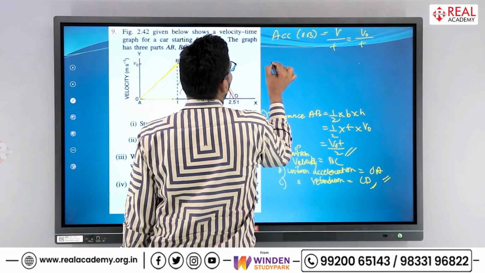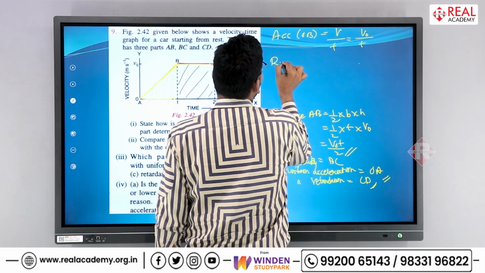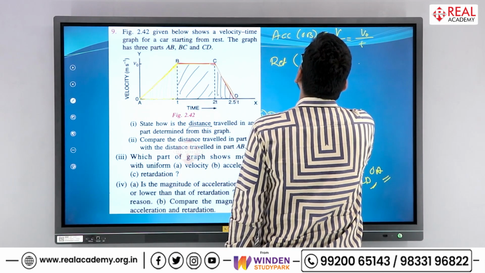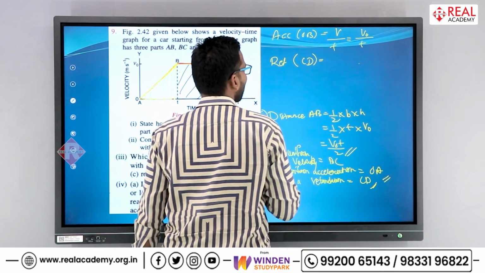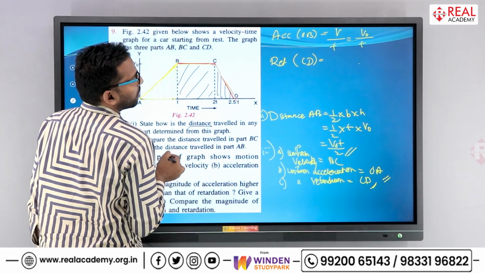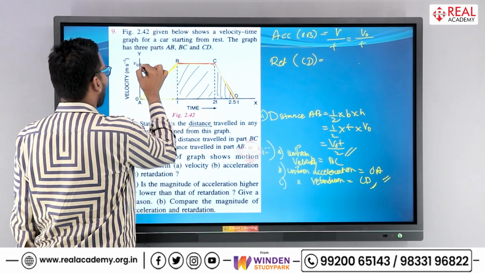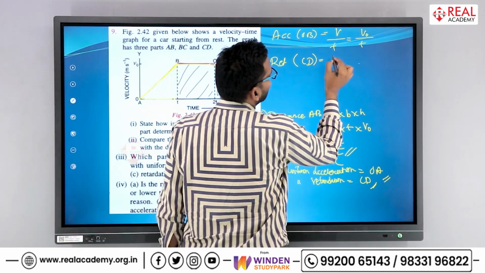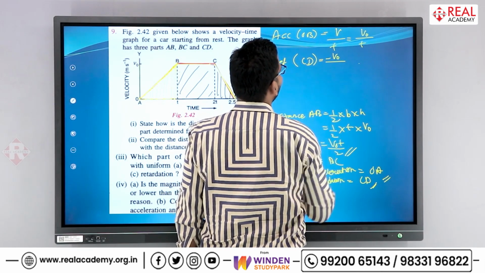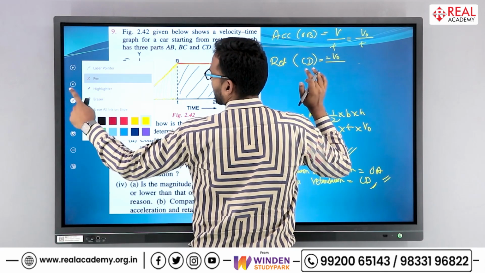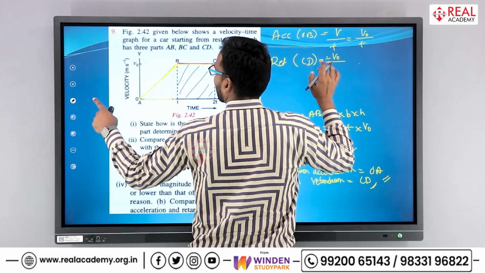Okay. And what is the retardation? Retardation is where velocity is decreasing, that is CD. How much is the velocity change over here? It is retarding from V naught to 0, that is minus V naught upon t, but since it is retarding, we don't need to write the minus sign over here, we will take the magnitude only.